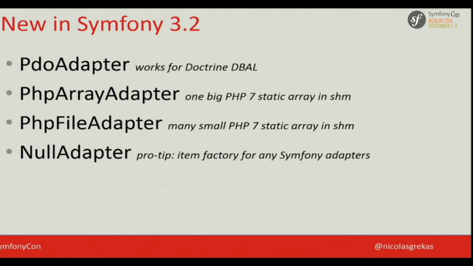You can put there a big array, and it doesn't cost anything. It's free. So this is a way to leverage that, and we put a PSR6 interface on top of it, so you can access this array as a PSR6 store, and yet it's the fastest adapter you can imagine in PHP 7. So PHP array is one big array for all the cache items.